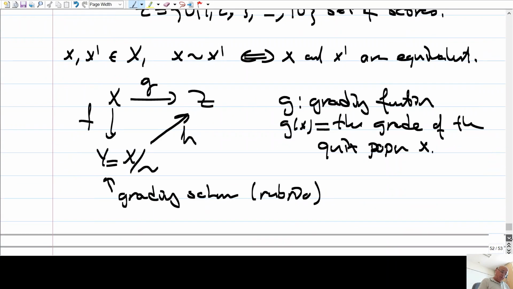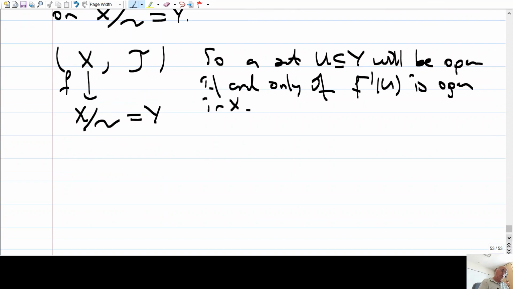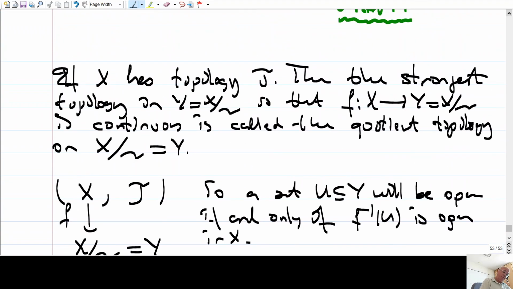And then we consider the topological version of this. And before that, we did the following construction.